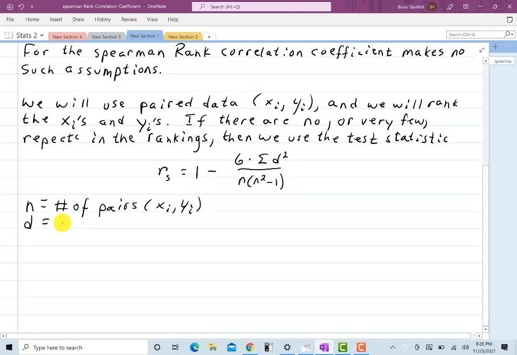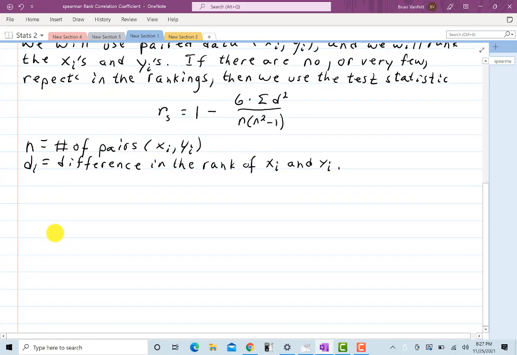D is the difference in the rank of X sub I and Y sub I. I call it D sub I because each entry in there is going to correspond to one I for X and Y combined.